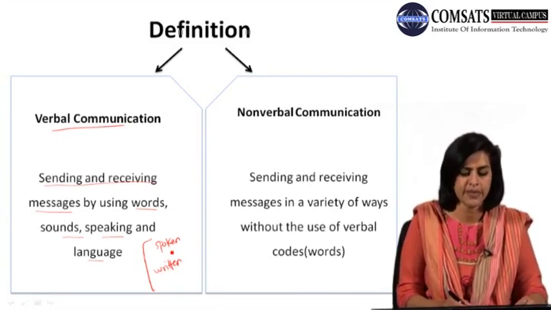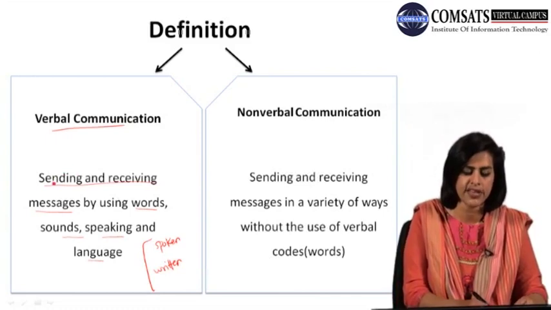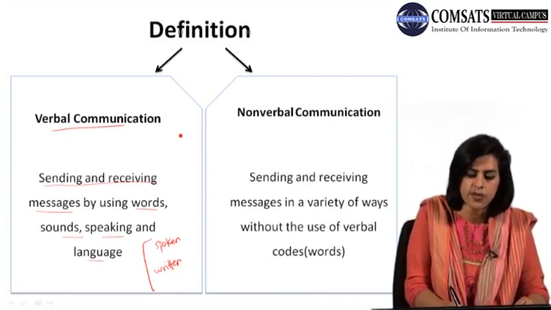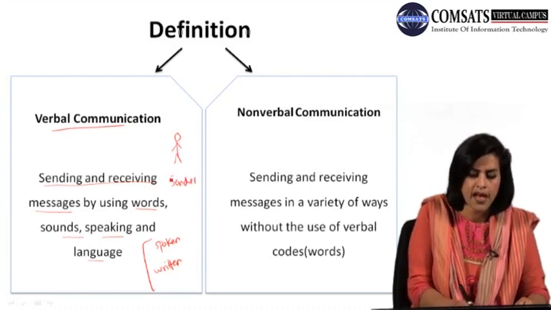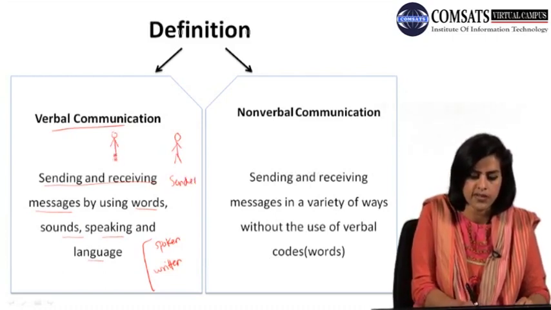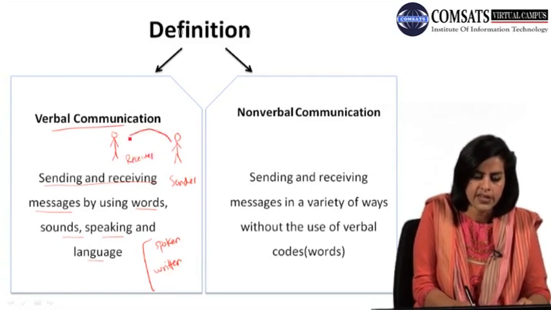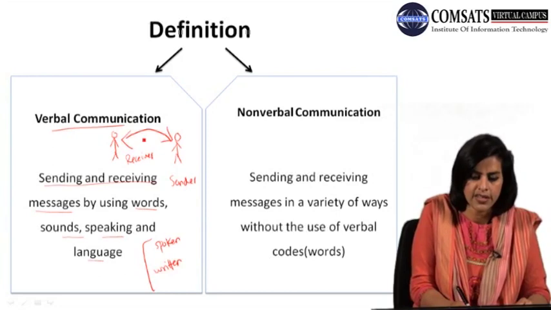The definition explains that it is the sending and receiving of messages. So there has to be one sender, and there has to be one receiver of the message, to whom the sender is sending the information.